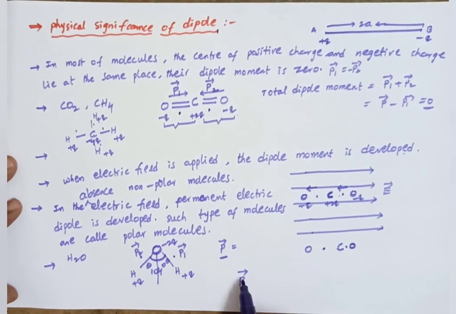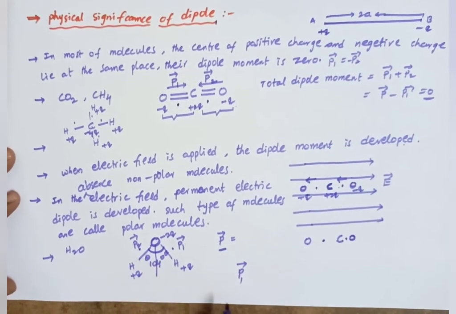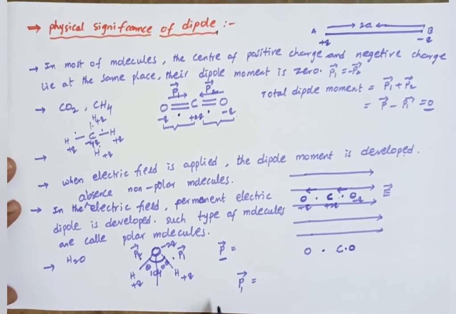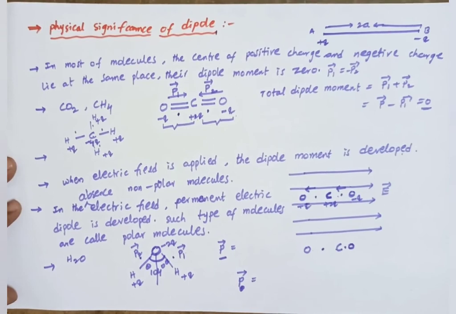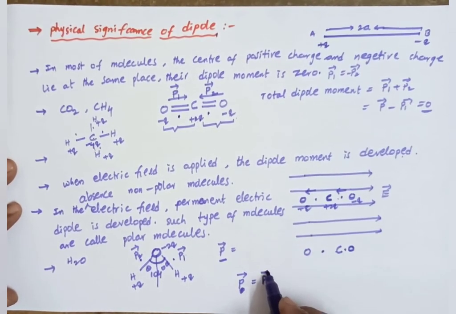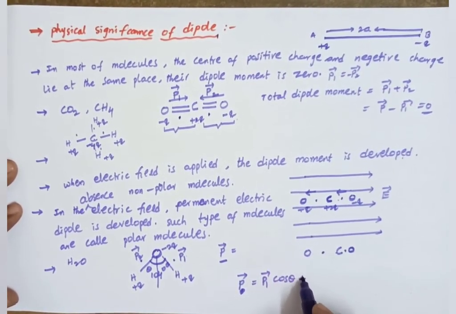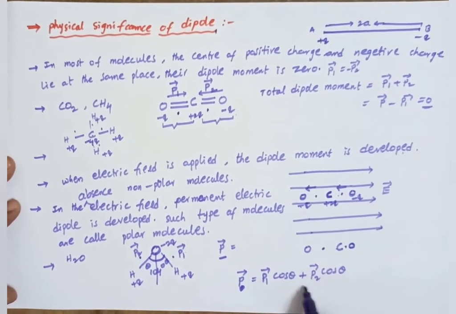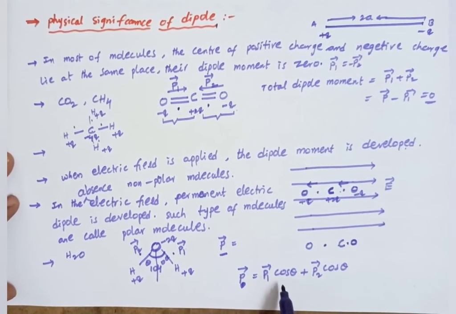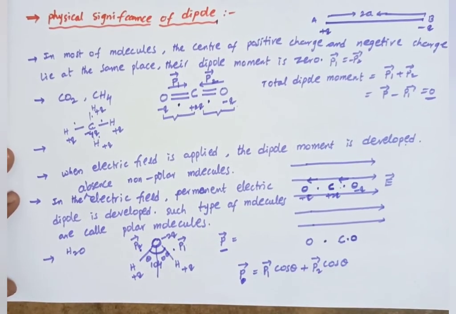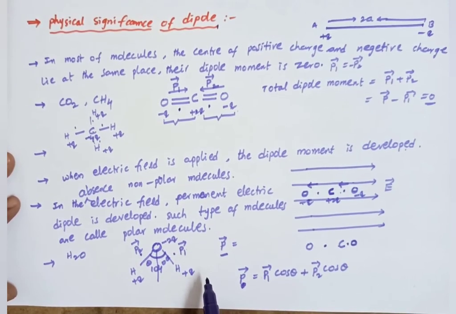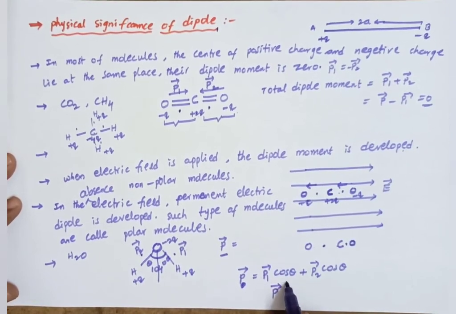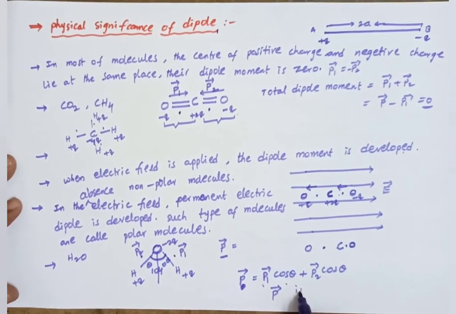So P equals P1 cos theta plus P2 cos theta, with cos 52 degrees and cos 52 degrees, both in the same direction. So it is not zero, so the dipole moment is developed.